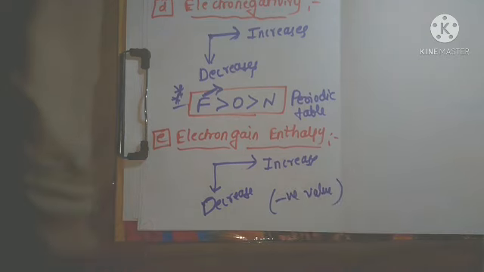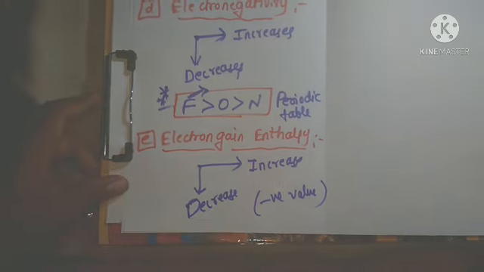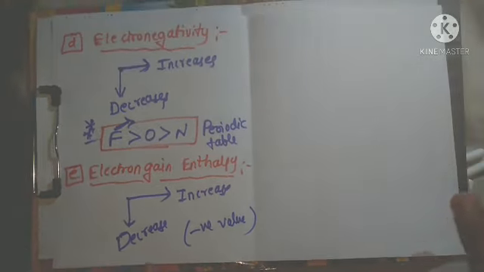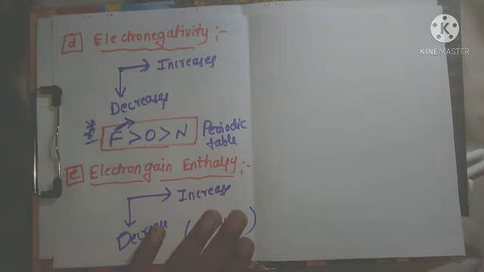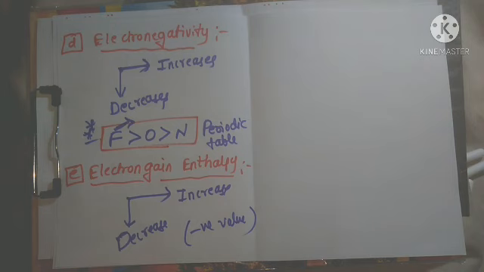What is meant by electron gain enthalpy? Amount of energy released when 1 mole of electrons is added to an isolated gaseous atom. Always negative values. Don't concentrate on the sign, you have to check only on the number. The sign just indicates it is releasing.